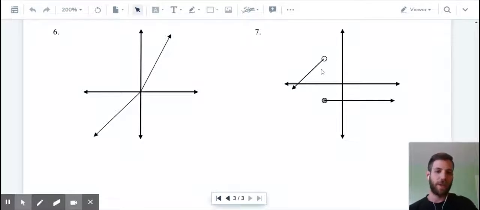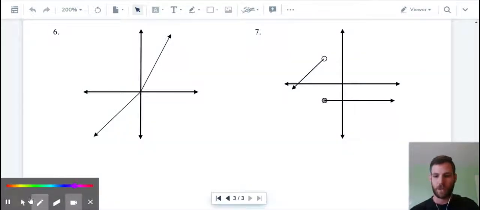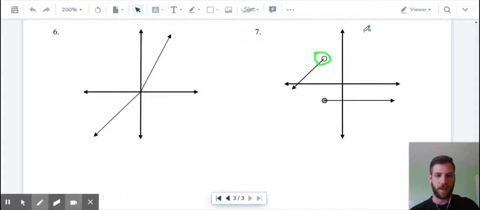You also will notice that you have an open circle and a closed circle here. When you have these open circles, that is going to represent either less than signs or greater than signs, depending on which way you go in these piecewise functions.